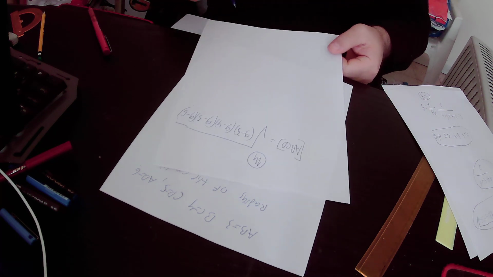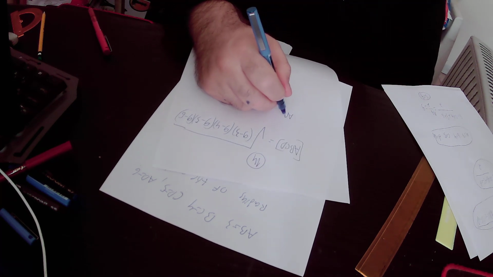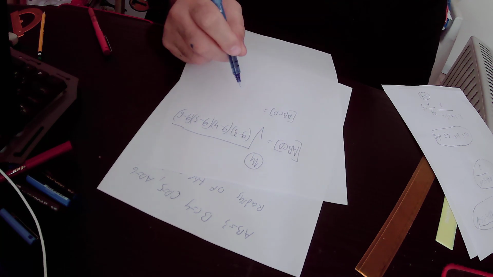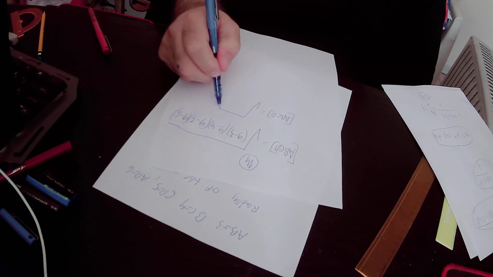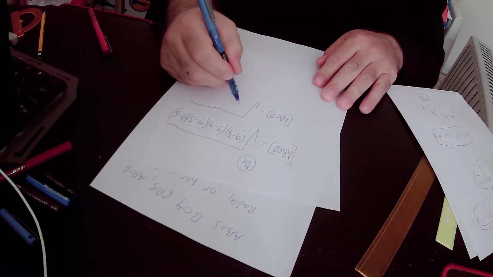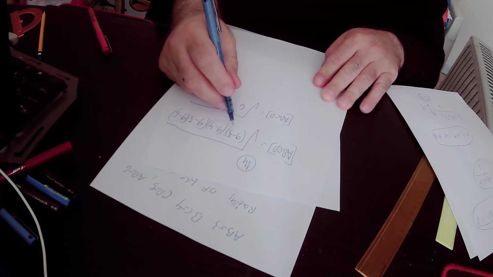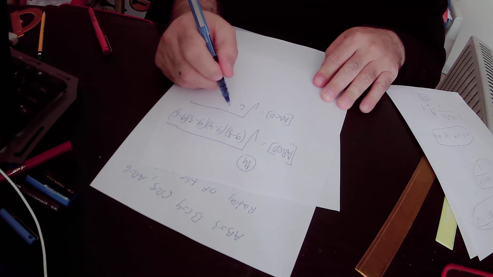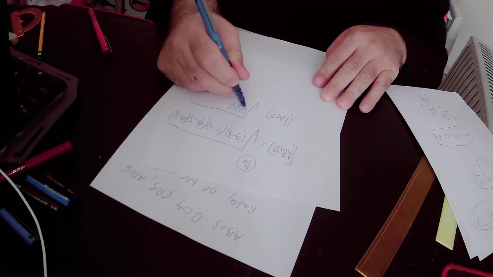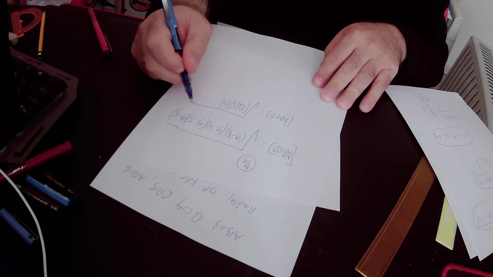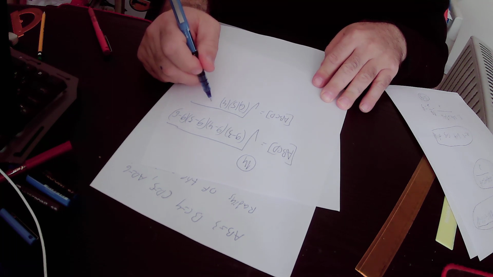So the area equals the root of 6 times 5 times 4 times 3. 9 minus 3 is 6, 9 minus 4 is 5, 9 minus 5 is 4, and 9 minus 6 is 3.